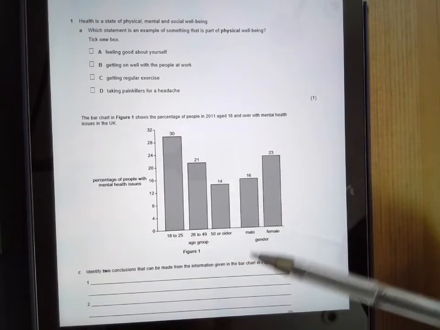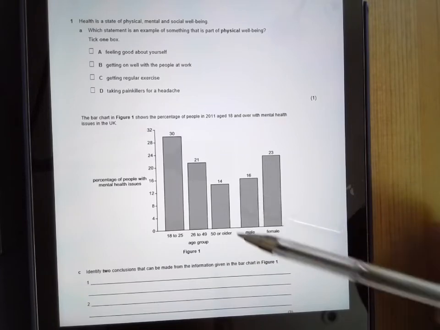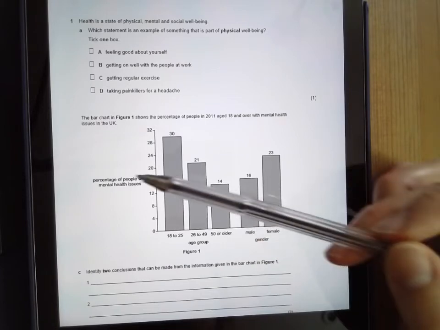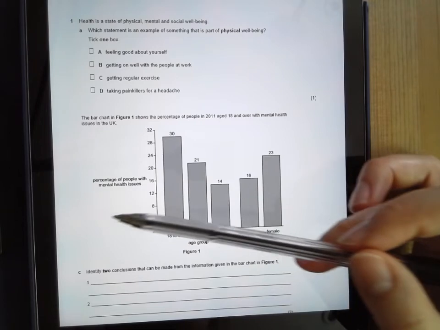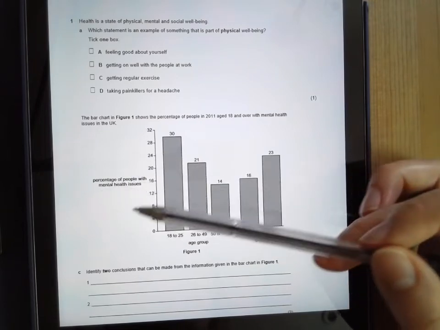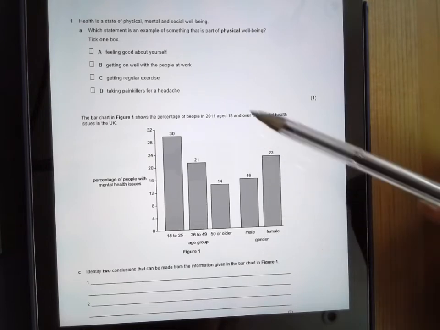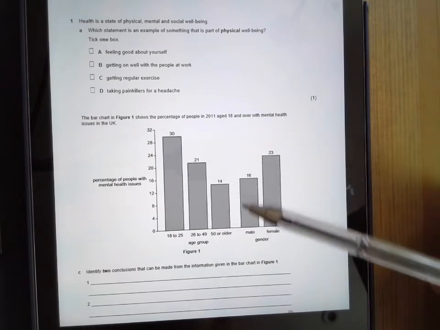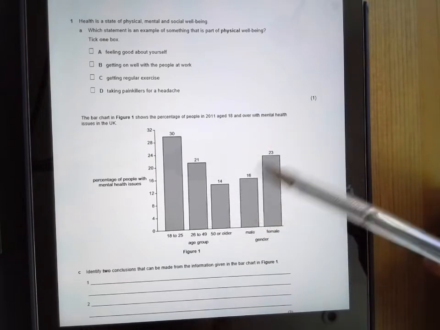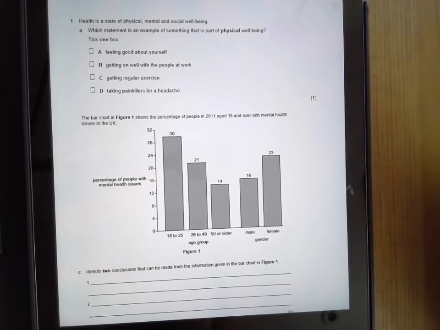They're just asking you for any 2 pieces of information that you can take from this bar chart. So look at what the bar chart is telling you, the percentage of people with mental health issues, and then look at what you've got on the x-axis here, and just give me any information that you can take from this bar chart. Pause the video, try those 2 questions yourself, and then press play to mark your work.